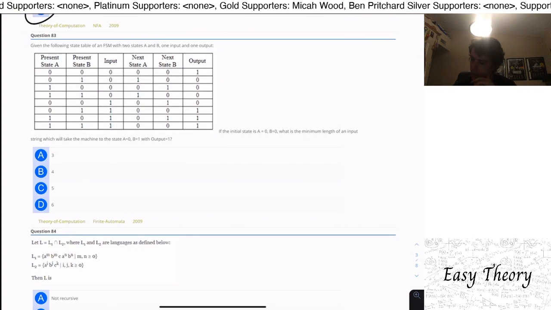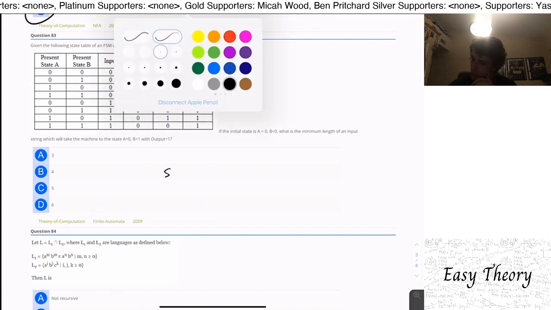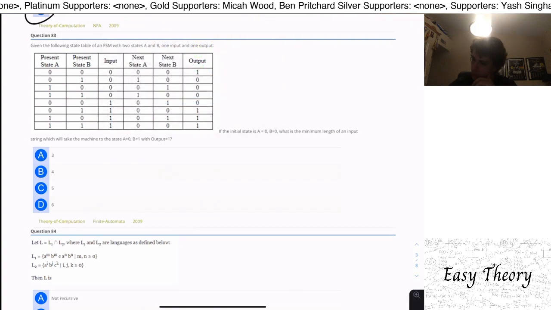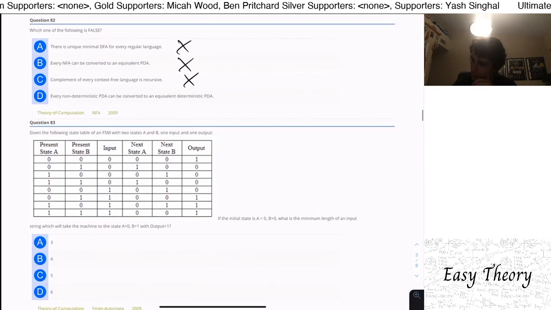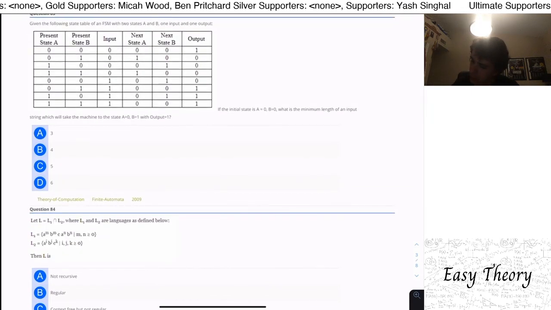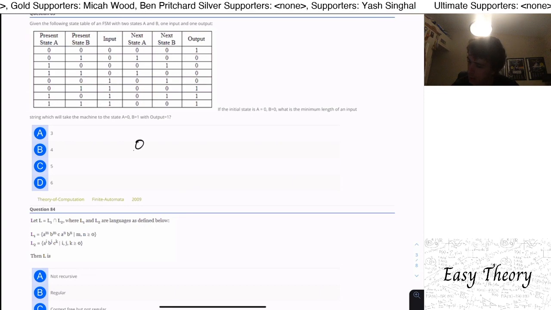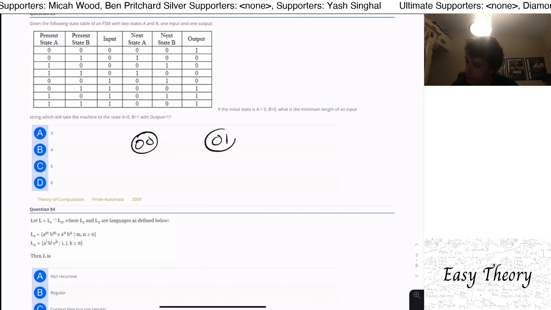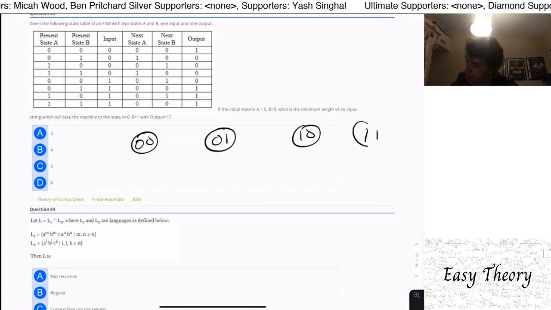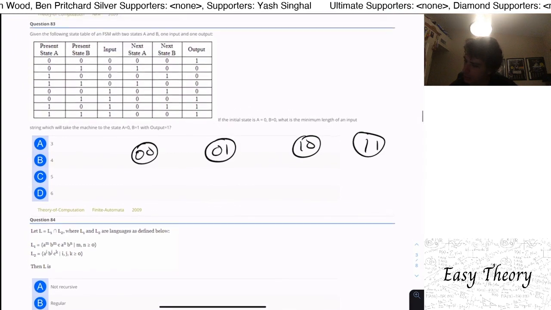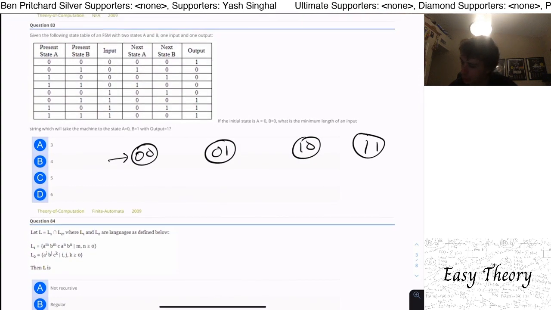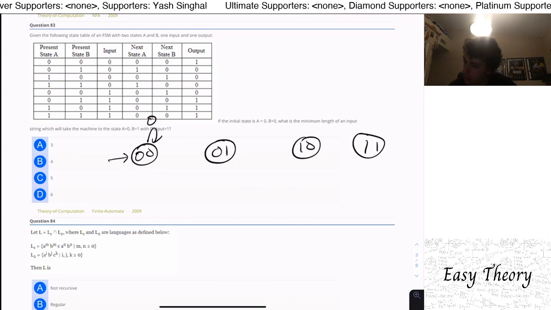So there are 4 possible states. Let's say we have 4 possible states, and I'm guessing the start state is this one for all intents and purposes. So I'm going to write 0/1 for input 0, output 1.